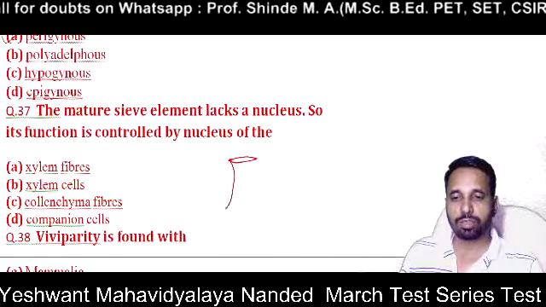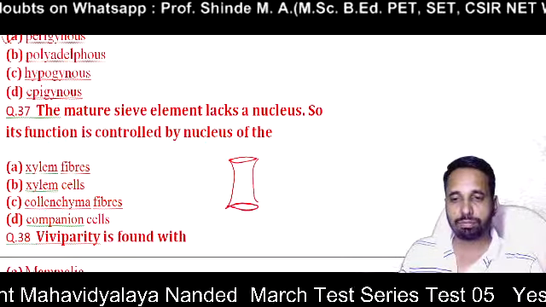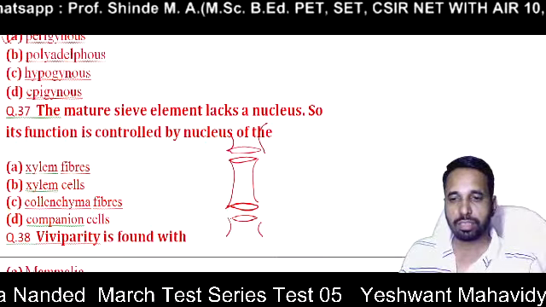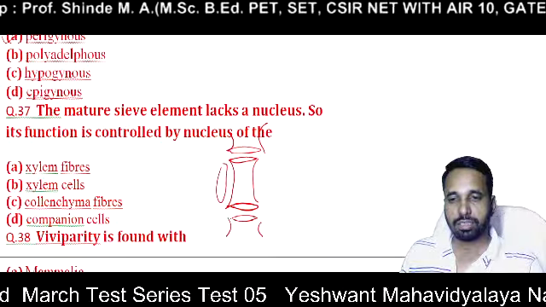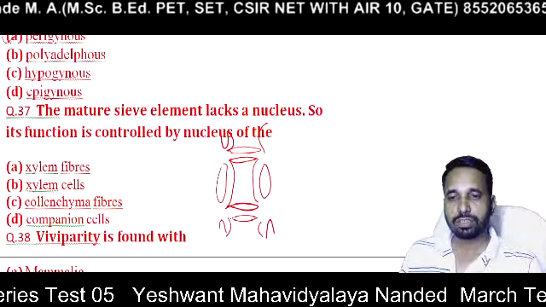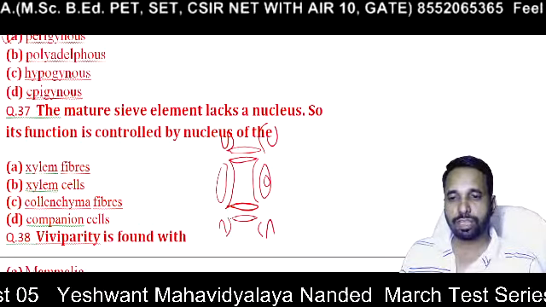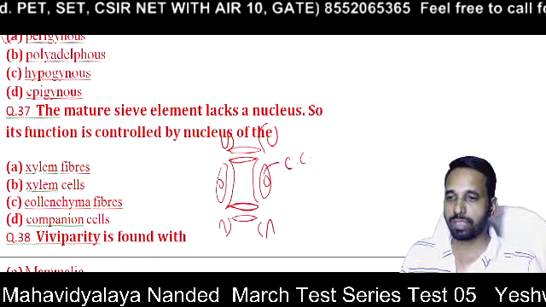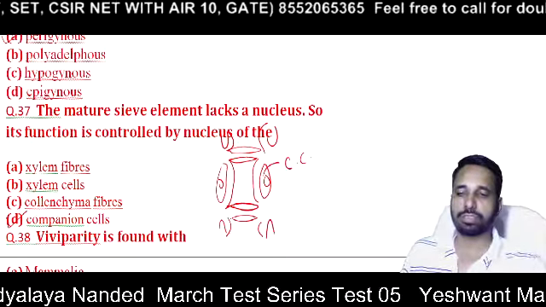So you can recall this diagram. Such sieve tube elements were there, isn't it? Like this, and just on the side of these sieve tubes, these are the cells which are having a nucleus. So these cells are called companion cells. So the right answer is companion cell, last option.